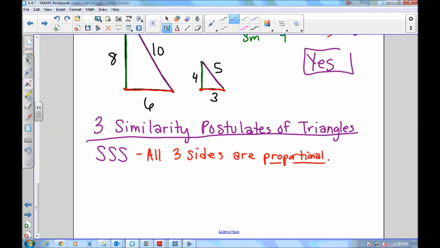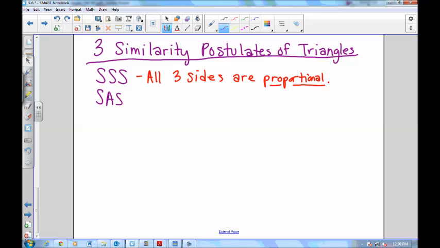Okay, someone with the pamphlet. What's another one on the pamphlet besides side, side, side? Yeah, side, angle, side. There's a paragraph on your pamphlet. Who has the pamphlet and can read the paragraph for me? We're looking for keywords. What does side, angle, side mean in similarity?